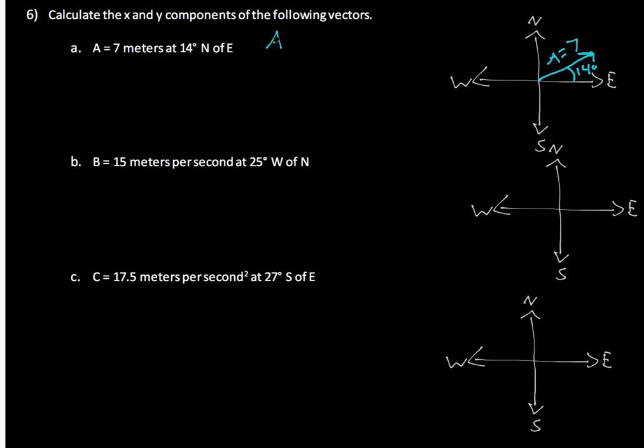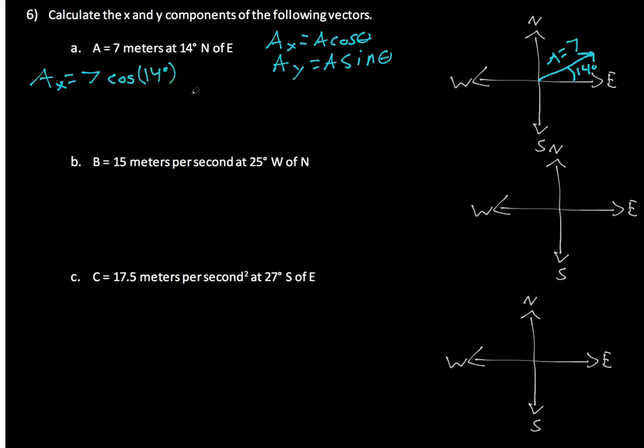So we can use our general rules. The x component is going to be the vector times the cosine of theta. The y component is going to be the vector's magnitude times the sine of theta. So if I plug those in, A sub x is going to be A, which is 7, the magnitude, times the cosine of 14 degrees.